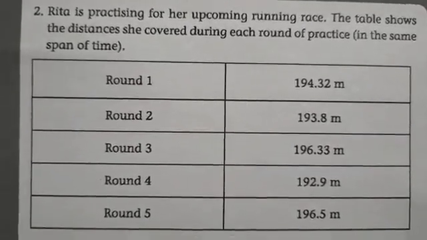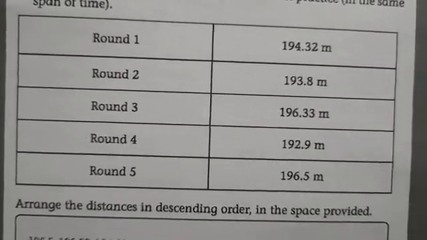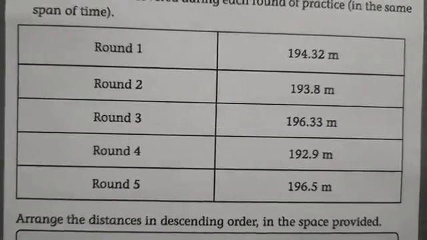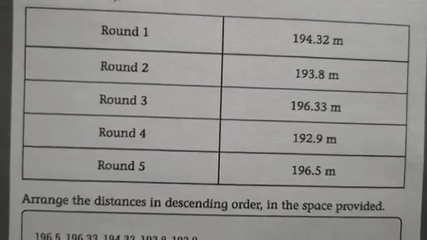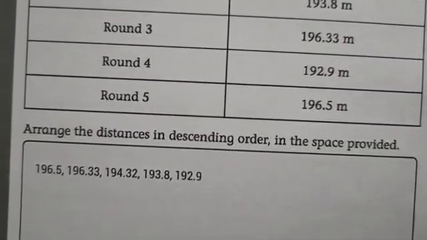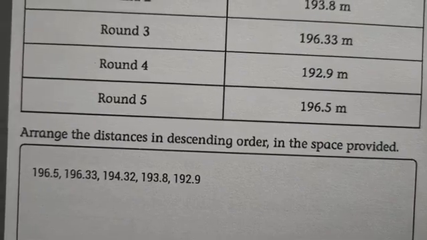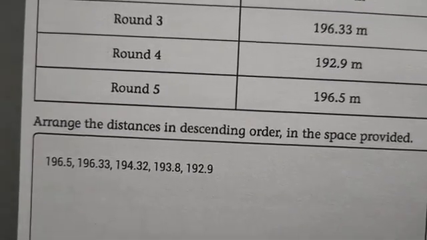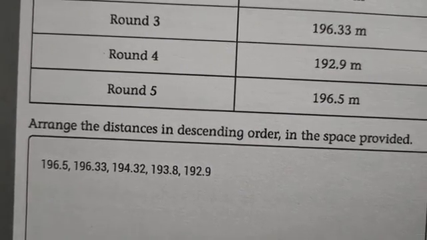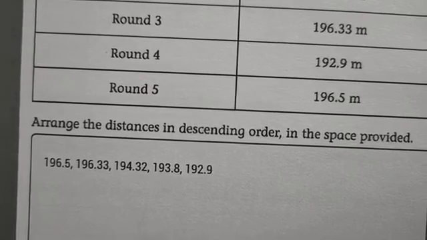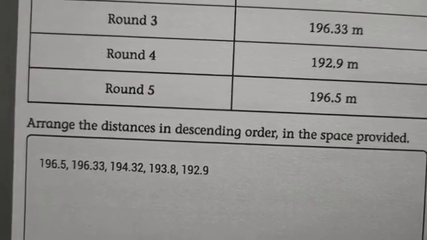Round 1, round 2, round 3, round 4, round 5. Next, arrange the distances in descending order in the space provided. Descending order means decreasing order. 196.5, 196.33, 194.32.